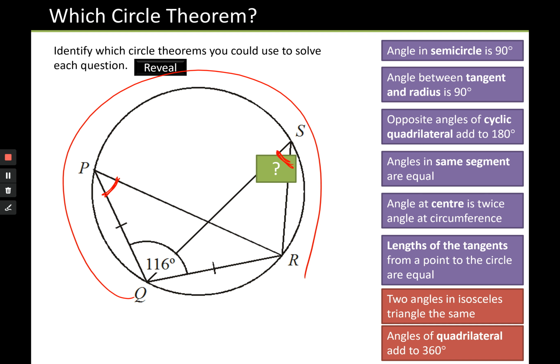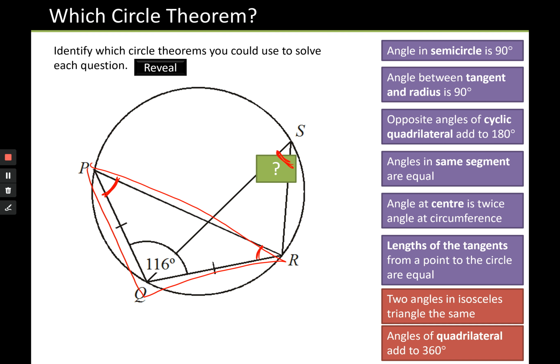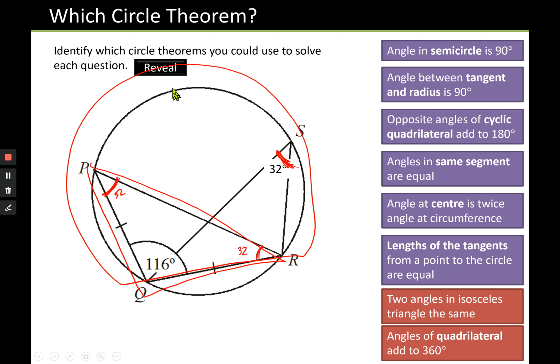So that means that this angle here has to be the same as that angle there. So if you look at this triangle, that's going to be 180, take away 116, divided by 2, because it's an isosceles. So that's going to be 32. That's going to be 32. And then as we figured out at the beginning, this is the same segment here. So that's also going to be 32 degrees. And these are the theorems that we used.